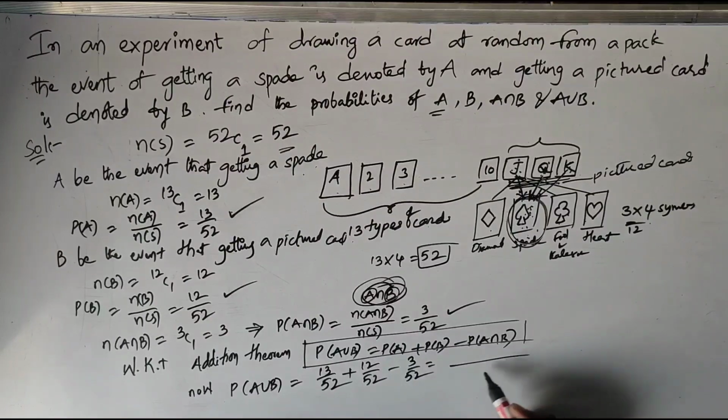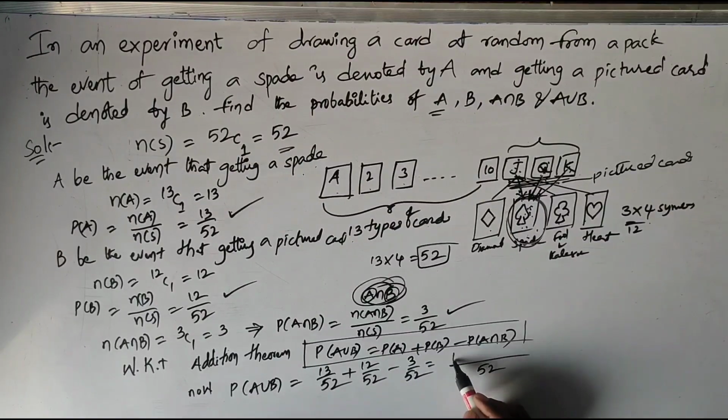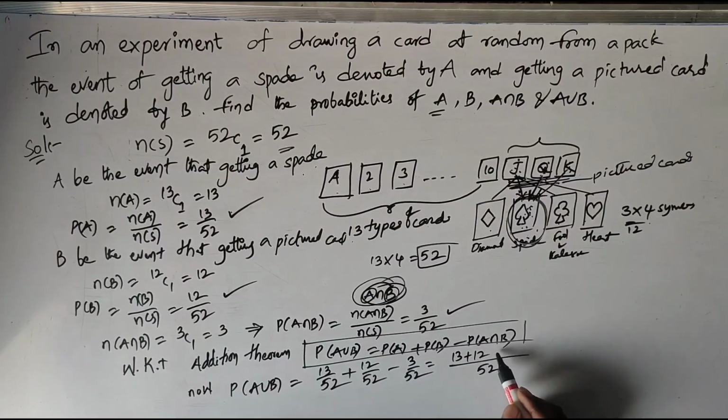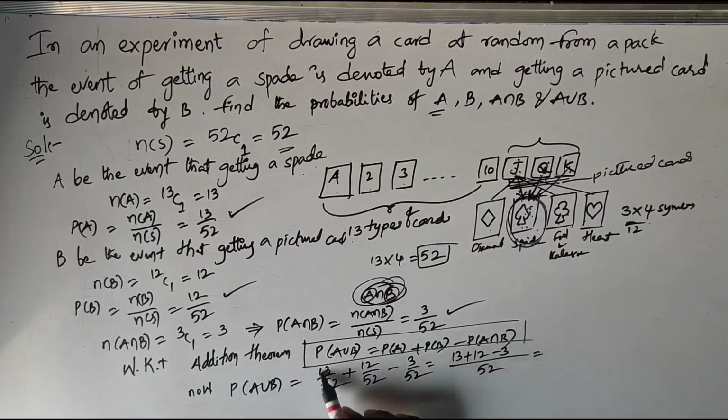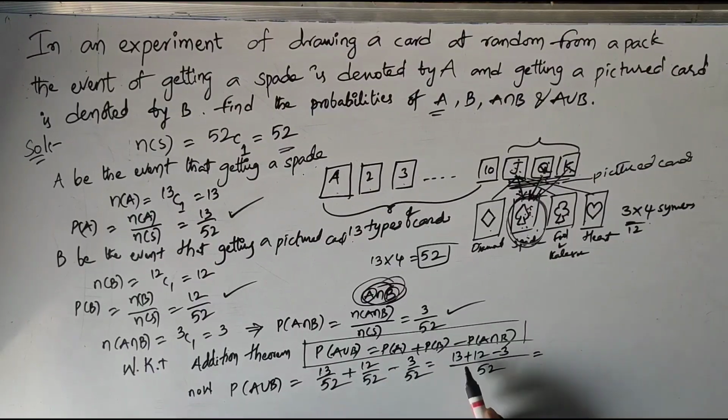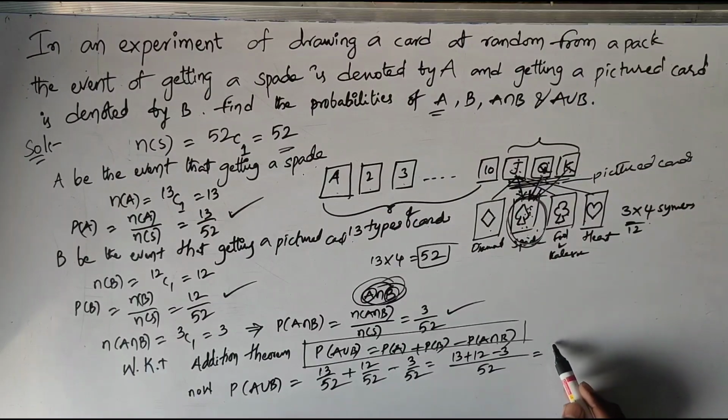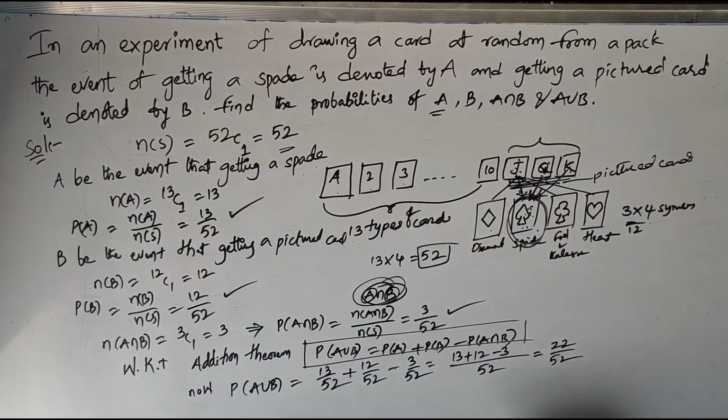So take LCM, 52 is the LCM. 13 plus 12 minus 3. 13 plus 12 is 25. 25 minus 3 is 22, so 22 by 52. Okay.